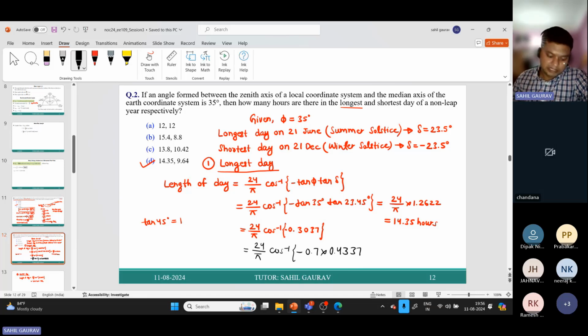If you put 23.5 degree, then it will come as 0.4348.